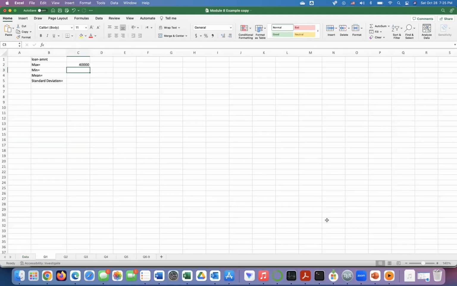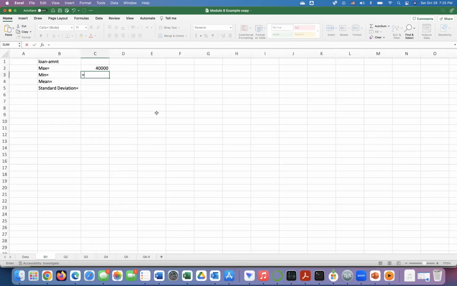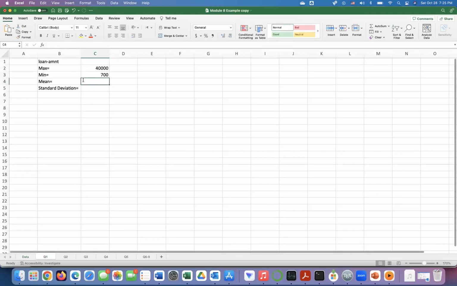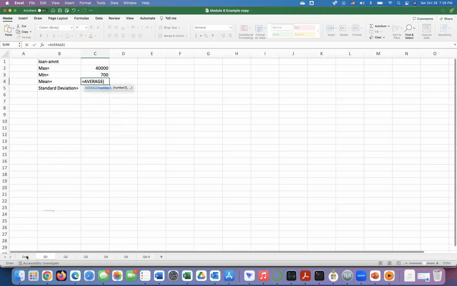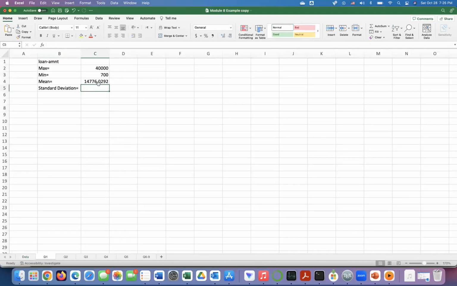40,000 is the maximum. The minimum for loan amount would be equals MIN. And then I open the parentheses, I go to tab data, and the minimum for loan amount is 700. The mean is the average. And then we go to tab data, loan amounts, and it's 14,776.